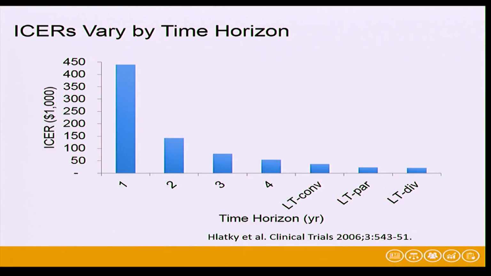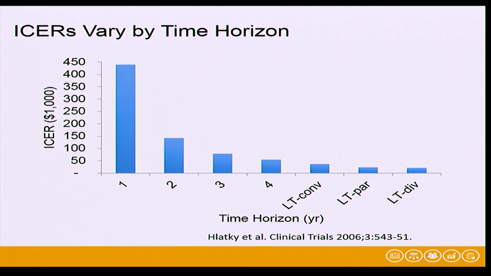So this was a paper that was mentioned before, Hlatky, Gillian, and Saunders and Owens, that looked at the cost effectiveness of ICDs. ICERs is on the y-axis, the incremental cost effectiveness ratio of implantable cardiac defibrillators, and time horizon of 1 to 4 years is shown here, and you can see within 1 to 4 years, quite a big difference in terms of what you would get for the incremental cost effectiveness ratio.